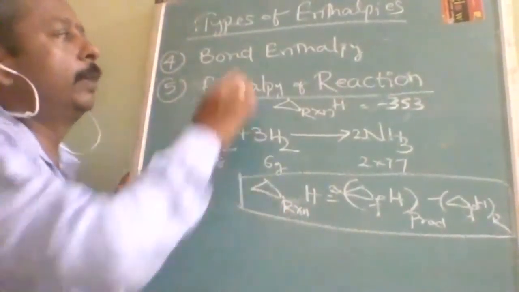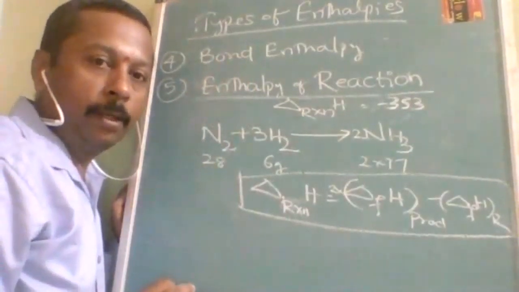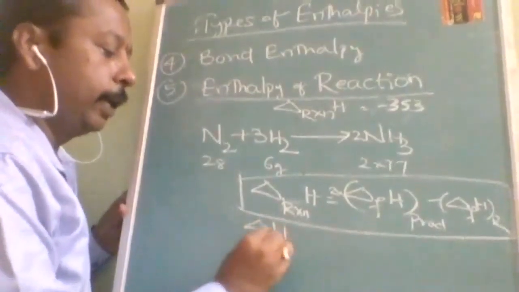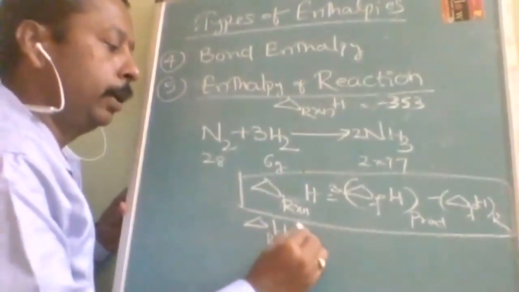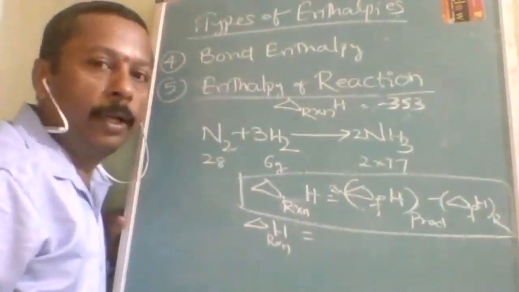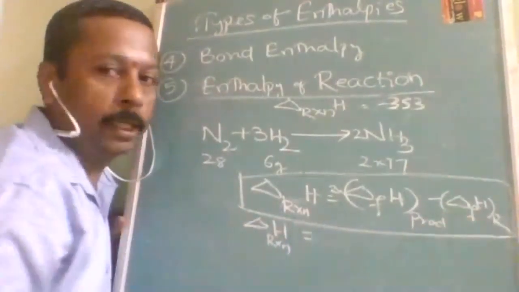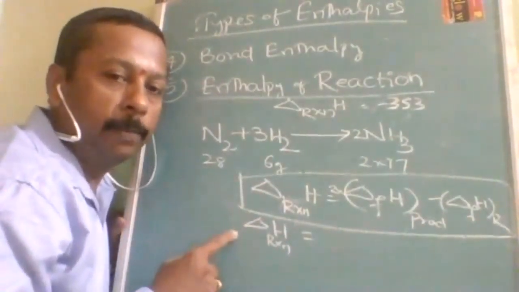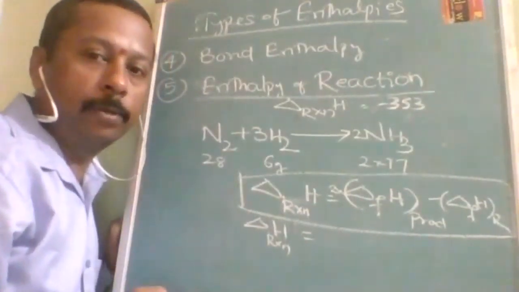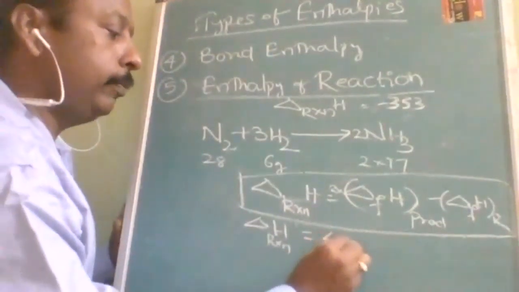Then coming to bond enthalpy, this is most important. Everybody makes a mistake here. When enthalpy of reaction is explained in terms of bond enthalpy, every other place you will write product minus reactant, but this is the only place you have to write reactant minus product.